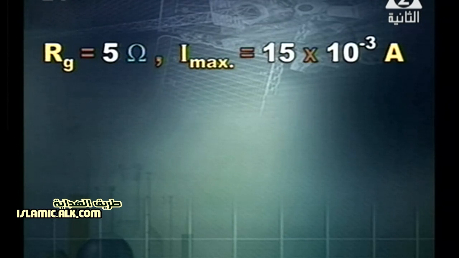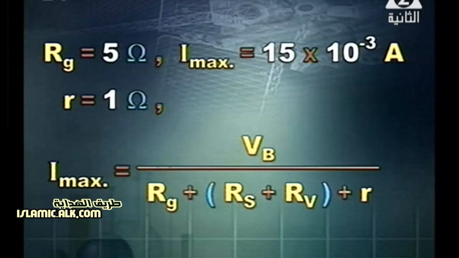Resistance of the galvanometer mentioned in the problem is 5 ohms. Full scale deflection, 15 times 10 power negative 3, 15 milliampere, converted into ampere by multiplying by 10 power negative 3. Internal resistance of the cell, 1 ohm, and the EMF of the cell is equal to 1.5. So maximum current equals VB over Rg, the resistance of the galvanometer, plus Rs and Rv.